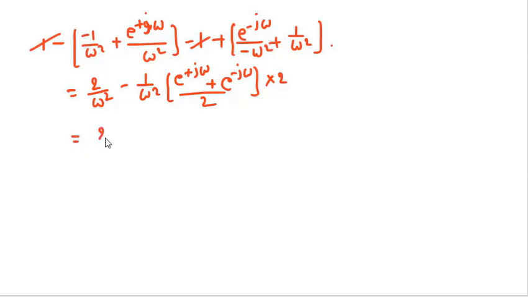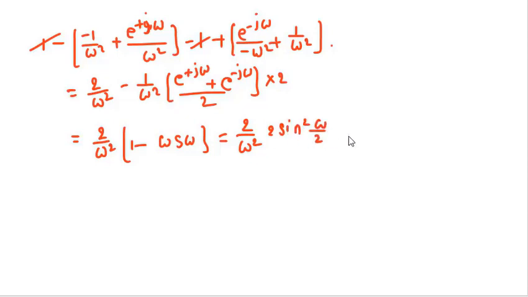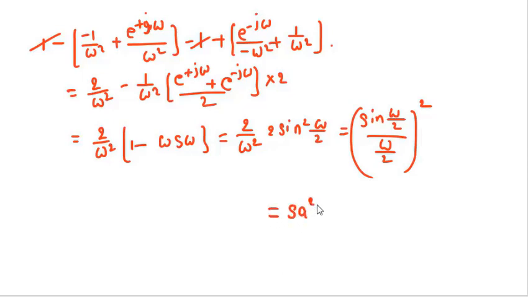So you will get 2 by omega square times 1 minus cos of omega, and you can write this as 2 by omega square times 2 sine square omega by 2, which is sine of omega by 2 divided by omega by 2 whole square, which is your sampling square of omega by 2.